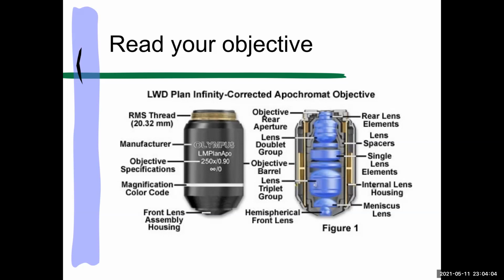So they never have just that front lens that you are cleaning and making sure the glue holds it in place, and making sure not to scratch. There's also a series of lenses inside your objective that are doing all kinds of important things for you. And the writing on the objective itself will tell you what's going on inside.